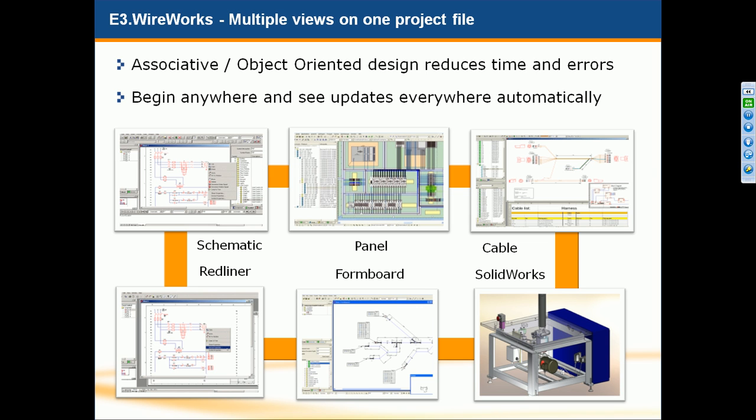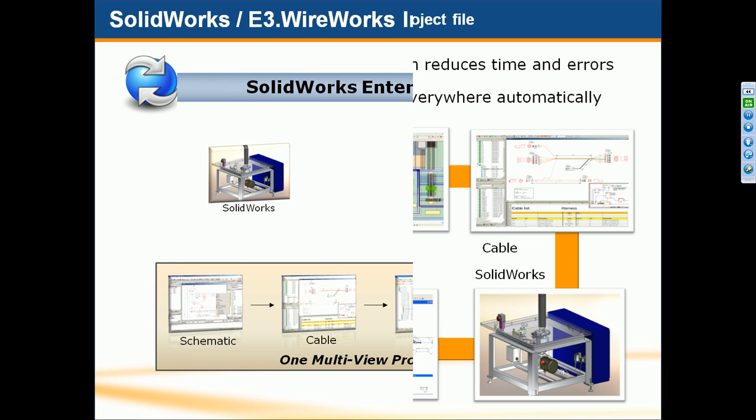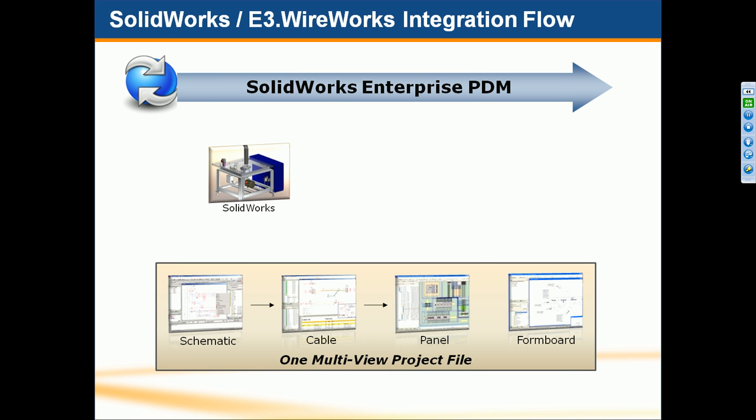So if you're familiar with the SolidWorks product line, essentially the same way the mechanical designer can make a change to a part and it updates in an assembly and in a drawing view, the same thing is going to happen for an electrical designer. Or if you even go in and make a change to the bill of materials or cable, all these other views of your project are going to be updated automatically for you. And that's exactly how we're going to solve this problem of all the time spent updating your electrical documentation.